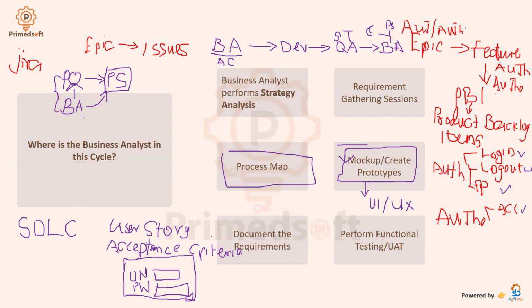But if it's just one position, the BA will do a lot of work, and that is usually the case. So when there is only one position, which is BA, you will be the one that will go straight and elicit requirements from the project sponsor, the external stakeholder. Does that make sense? Yeah, that makes sense.